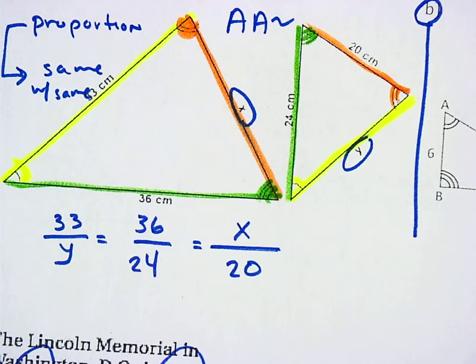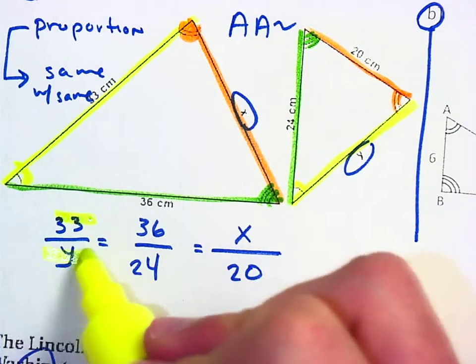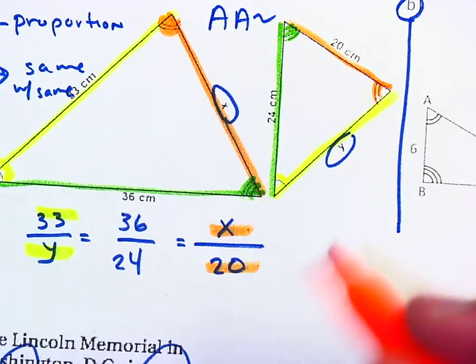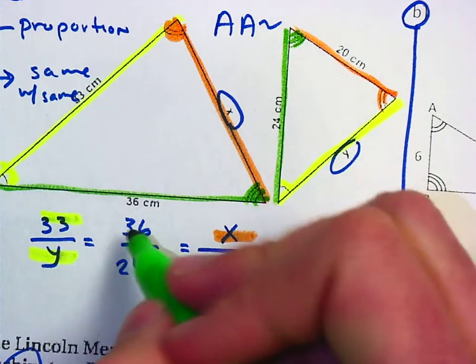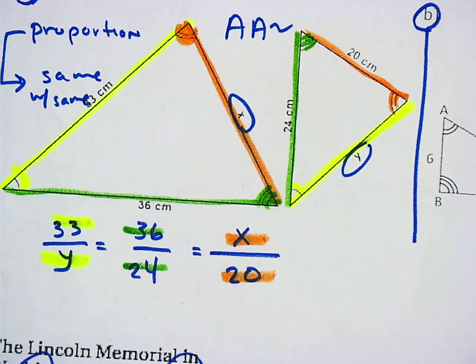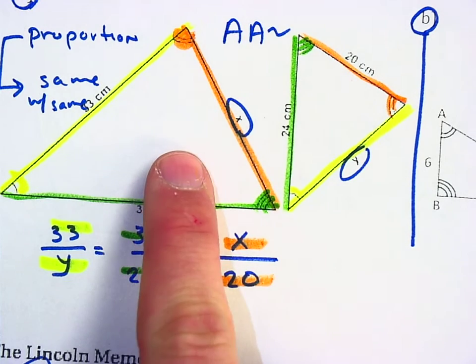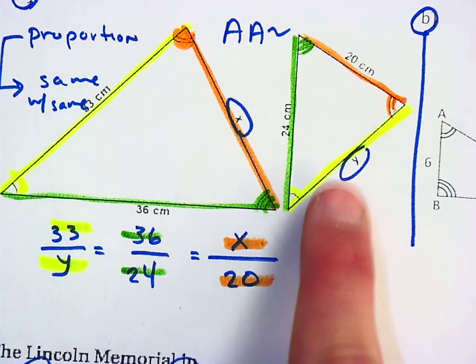So notice now, I have same with same because I have yellow with yellow, orange with orange, and green with green. But I also have same with same because I kept my measurements from the left triangle on top and my measurements from the right triangle on the bottom.